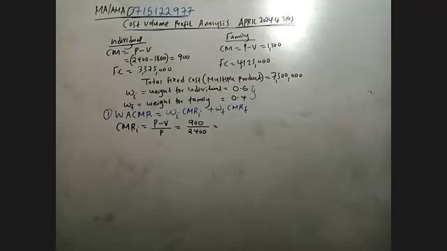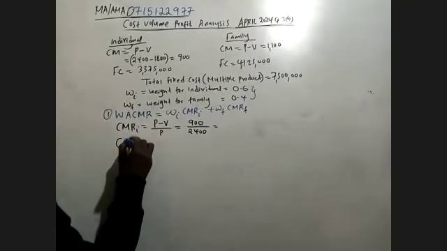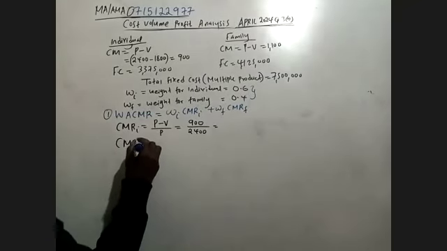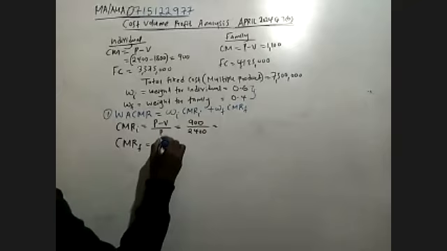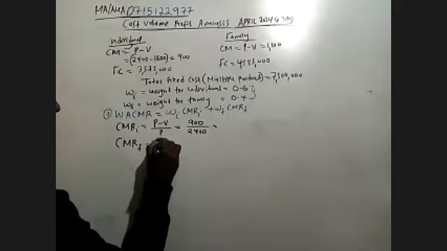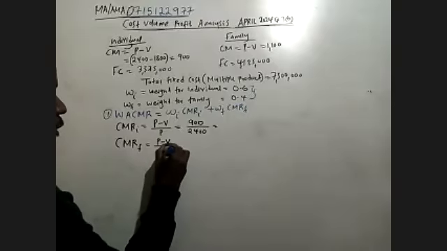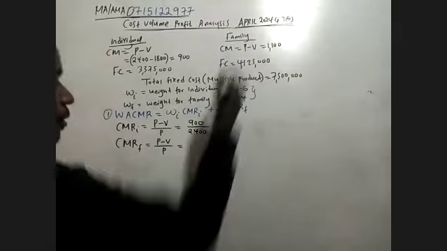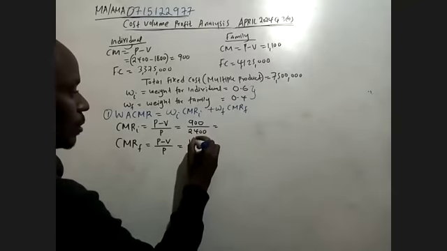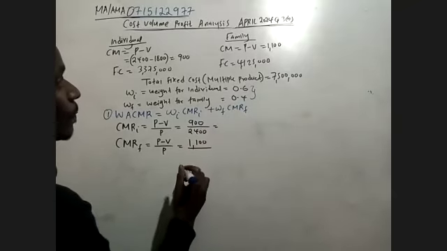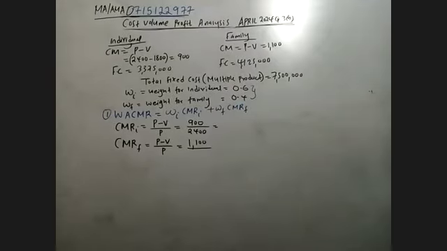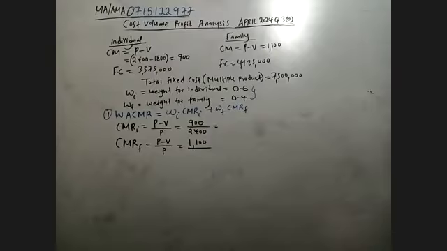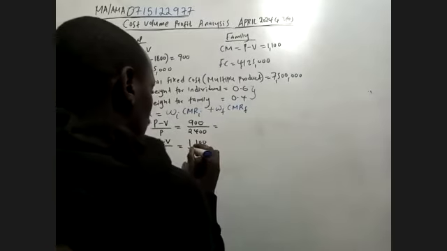Now, give me the answer. 900 over 24. Then you also do CMR for family, which we notice is 1,100. So we notice P minus V over P, where P minus V is this contribution margin, over sales. How much are the sales in the question? 3,000. So give me the answers.